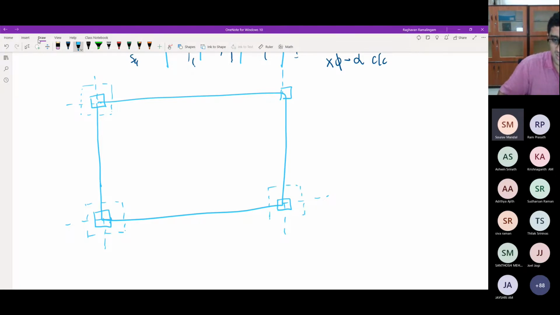The column can be either rectangular or circular. So I'll say we have a flat slab system like this, and I give it w kilonewton per meter square. Maybe I can show you the IS code also simultaneously.